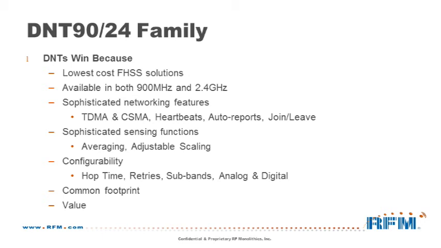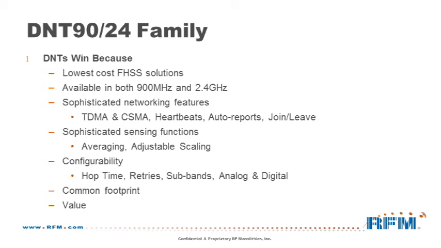Then we also have some specific sensing functions where we can do averaging. So when we're doing these auto reports, we can report the instantaneous value, or you can configure it to take a number of readings and only send the average value. And then we have adjustable scaling on the A to Ds that allow you to zoom in at a particular level.